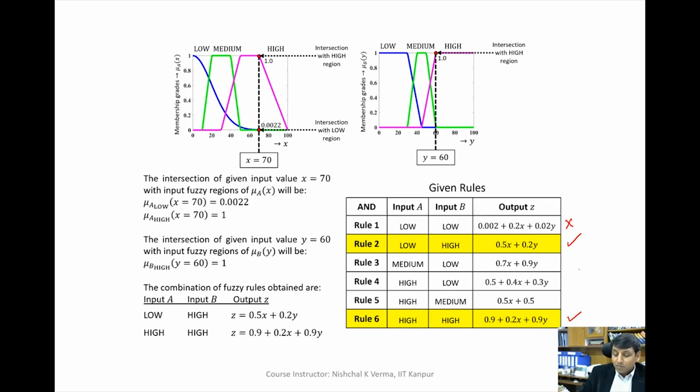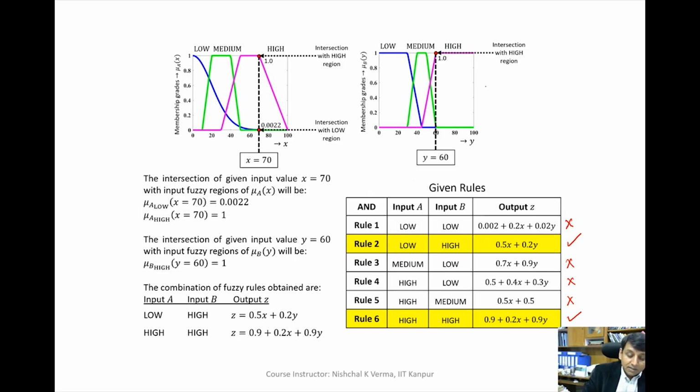The other rules will not apply because, combination-wise, low low doesn't exist, only low high exists here. Rule number 3, medium low doesn't exist, high low doesn't exist, high medium doesn't exist, and high high exists. How do we get this? I have already explained in the previous example, but I can do it again.